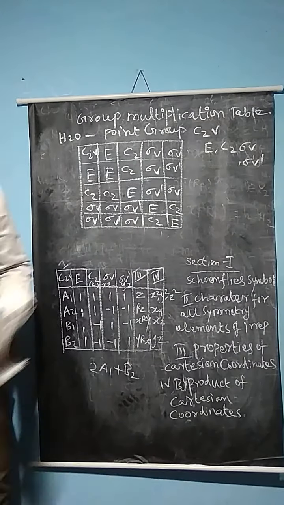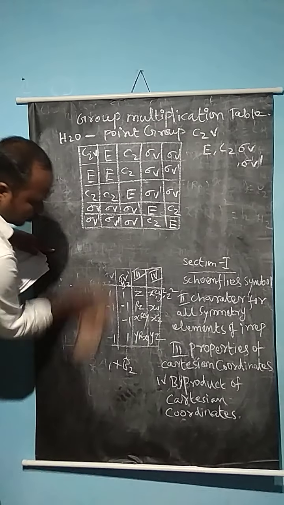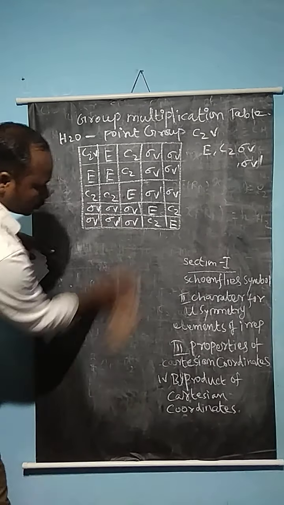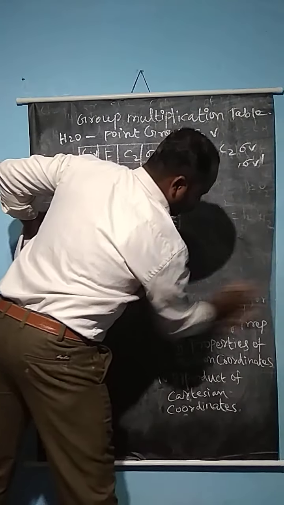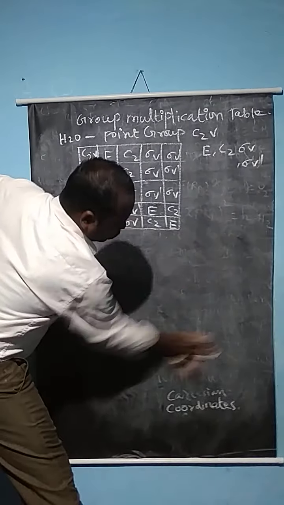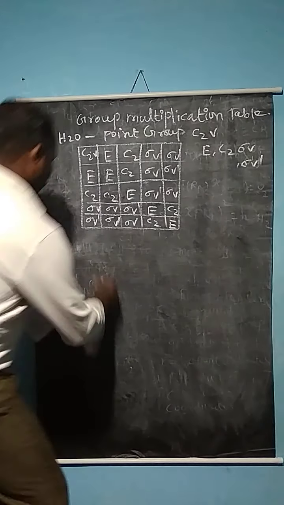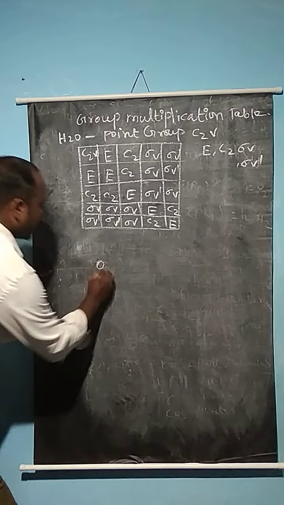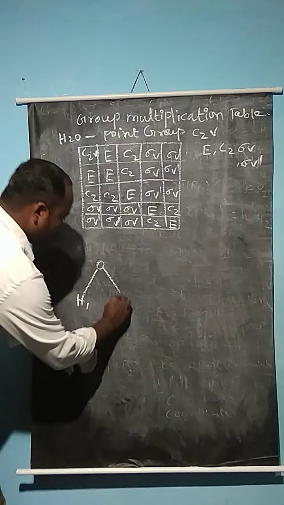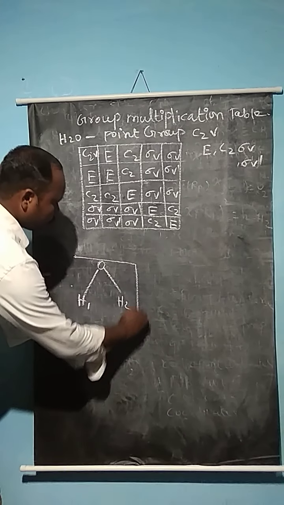Now, how does the water molecule obey the abelian group law? Draw the diagram of the water molecule: oxygen here, hydrogen 1 and hydrogen 2. So this belongs to the C2v point group.